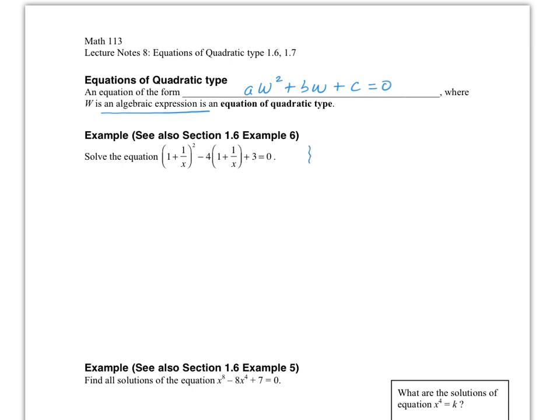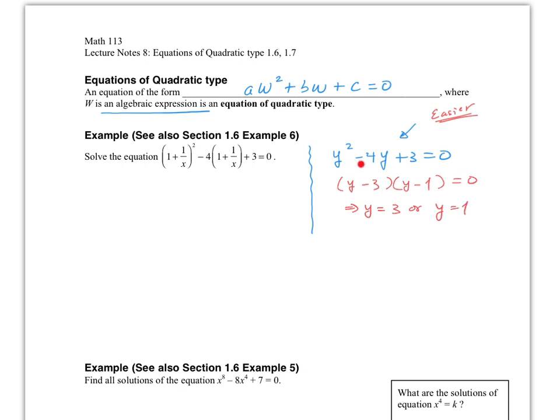But if we go with the substitution I told you, technically you can say this is y squared minus 4y plus 3 equals 0. And in general, this is easier to solve. That's why I think the substitution makes it easier, because from here you can even factor this one easily. This is y minus 3 times y minus 1, so that implies that y equals 3 or y equals 1. Now, if you were solving this equation, this is the solution and you're done.